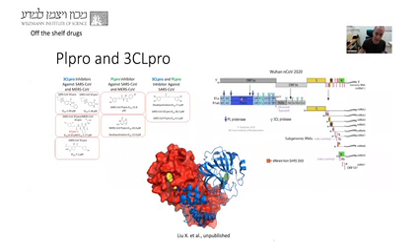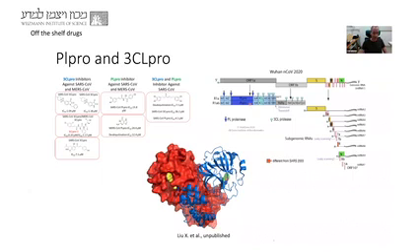Now, we know that the proteins of the current virus and the proteins of the previous SARS are very, very similar. In fact, in the active site, they are identical. So all of those compounds that were previously developed against the old virus will be effective against the new virus. The problem with those compounds is that they never reached any clinical testing.